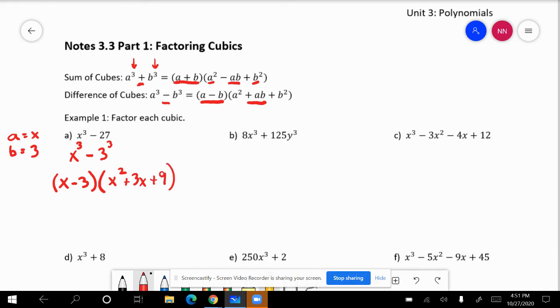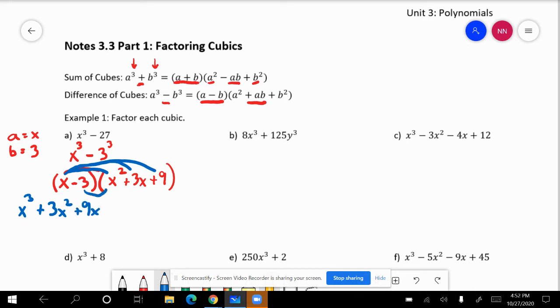Now, we don't have to do this each time, but just so that you can see that this factoring pattern works, if we FOIL it, which is the opposite operation of factoring, x times x squared is x cubed, x times 3x is 3x squared, x times 9 is 9x.